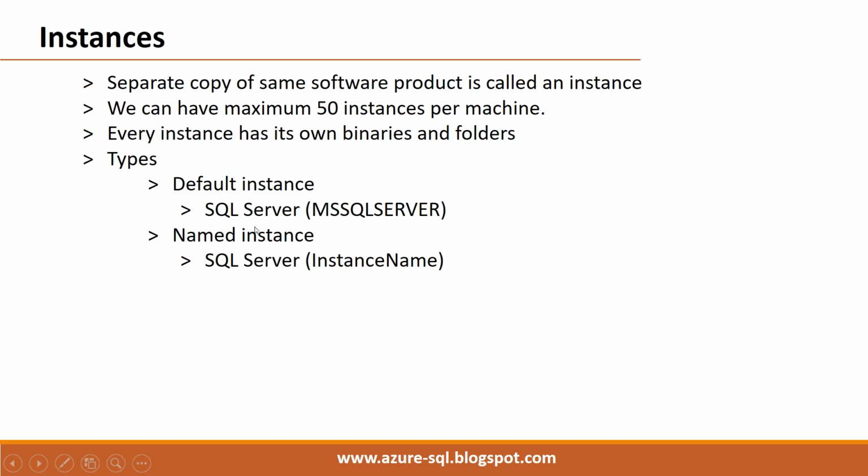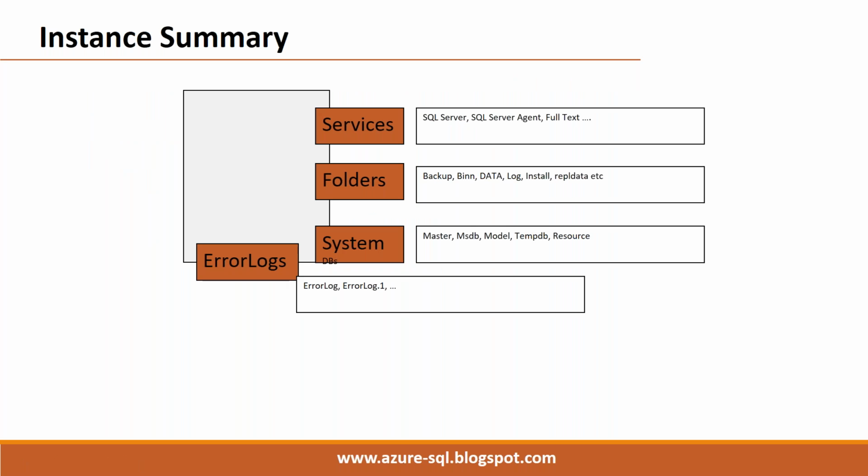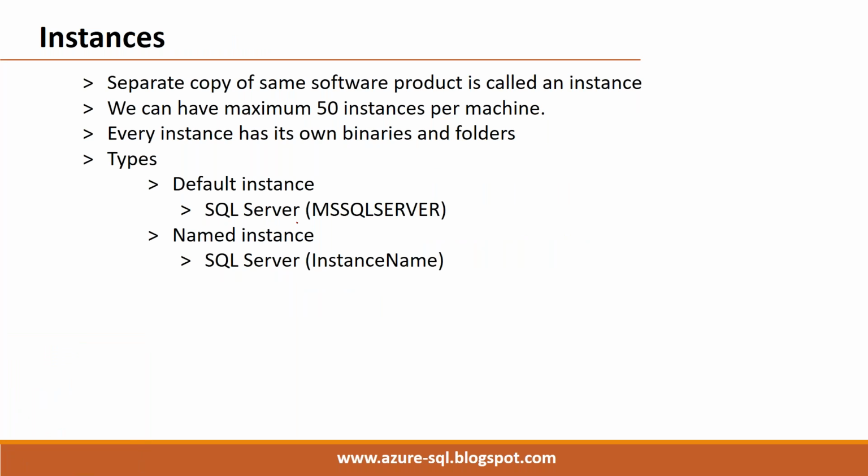We have discussed, default instance name is equal to the system name, whereas a named instance name is the system name plus the instance name. Check here at the instance summary. One point we have to check: the default instance service name is MS SQL Server. Always remember, default instance service name is MS SQL Server.